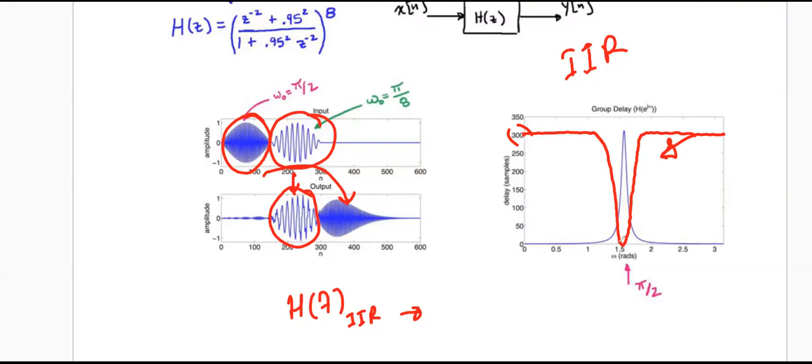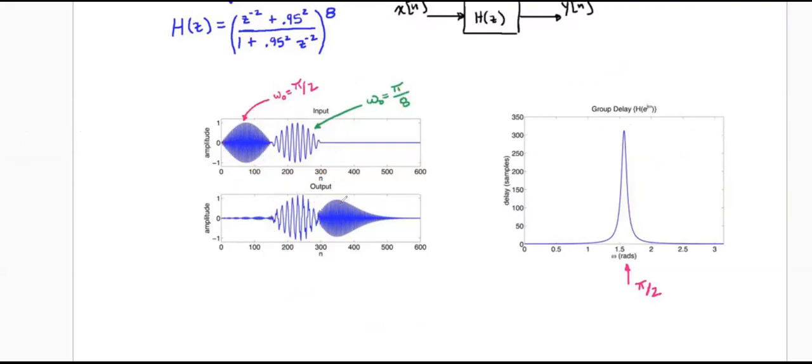So what will happen in this case? The low frequency component will be shifted by 300 samples, and the high frequency component will remain at the same position.